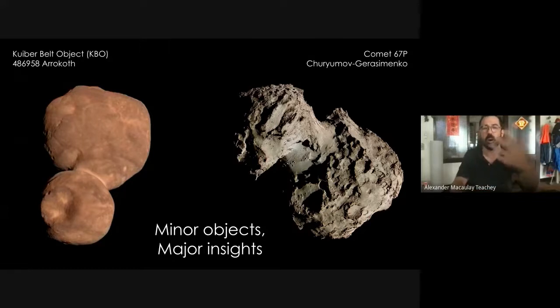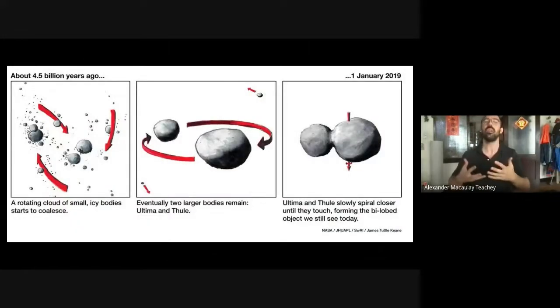Comets, you may know, are icy objects that come to us from the outer solar system. So why should I put these two together? Well, you may notice some similarities here. They both have this sort of two-lobed structure. And these are sort of the building blocks of the solar system. And so this provides some important insights.